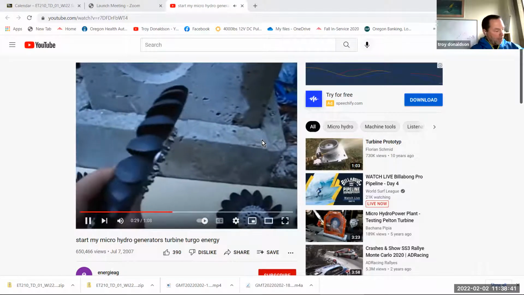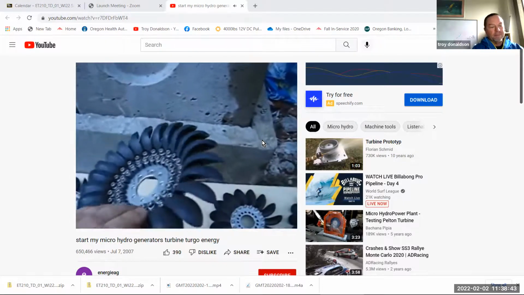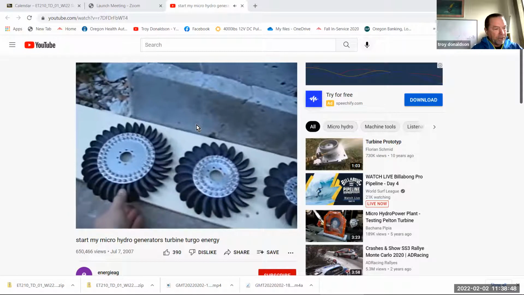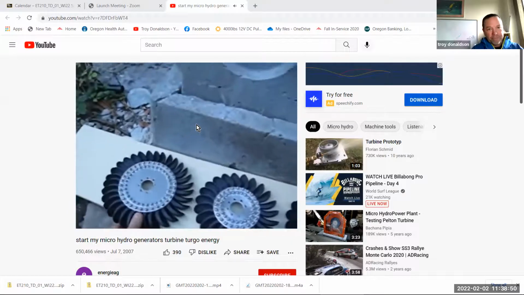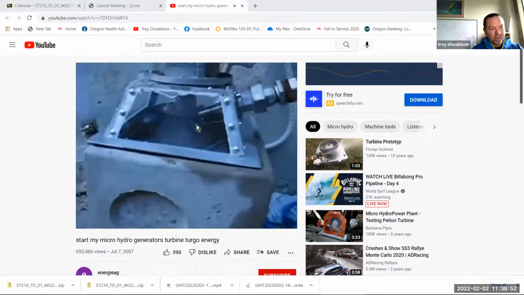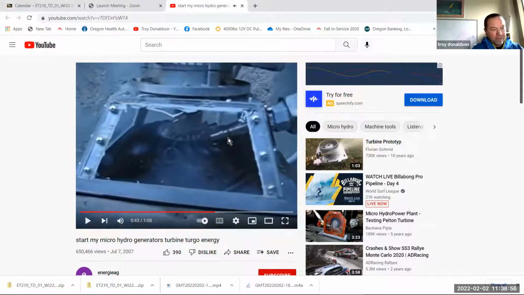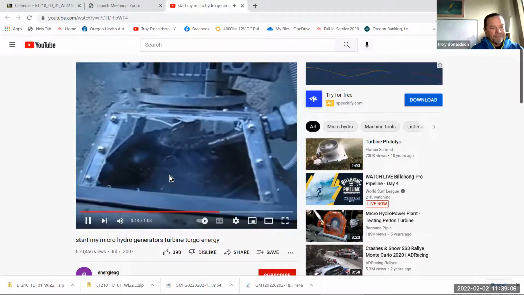So that's the Pelton wheel. You can see the concrete casement, pretty big and substantial because it can hold back a lot of weight. There you can see the nozzle, so it's coming from a larger diameter down to that nozzle, and it's going to direct it directly on that Pelton wheel.